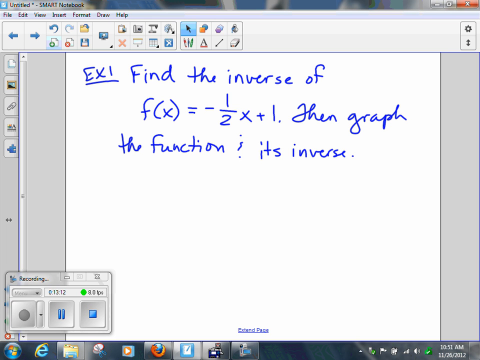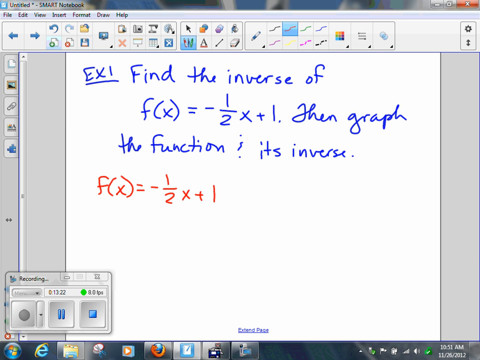What did you tell me to do? What's another way to write f of x? If I were to rewrite f of x as y equals negative 1/2 x plus 1. And what did you tell me earlier that we just had to do with those ordered pairs? And you said, really?